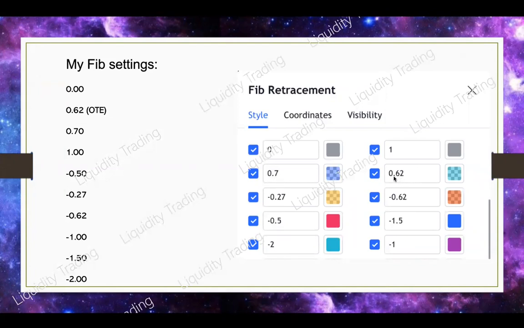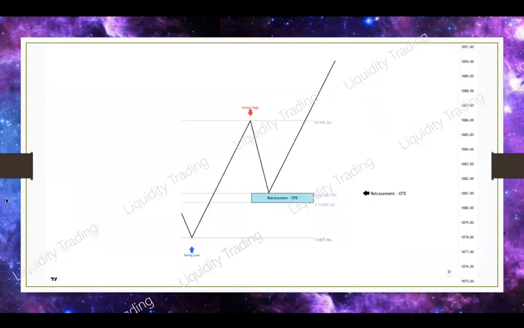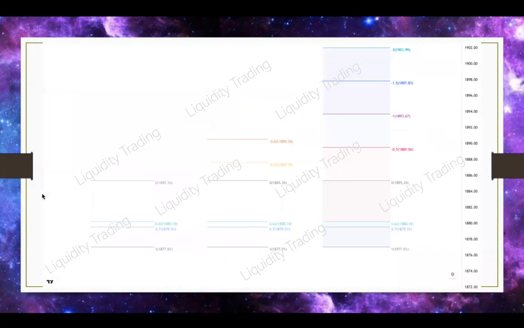Now I actually almost only take trades on the 0.62, and the 0.70 is just to keep a range in the market. So let's go back to the previous example.